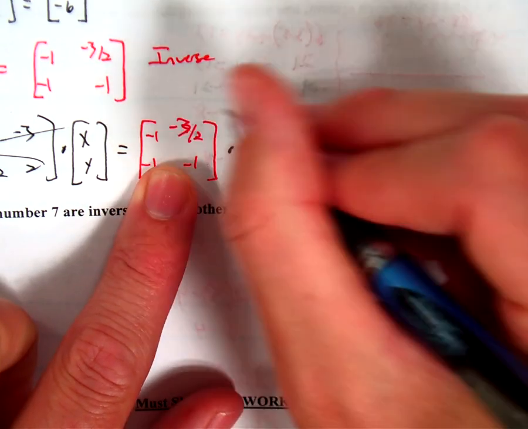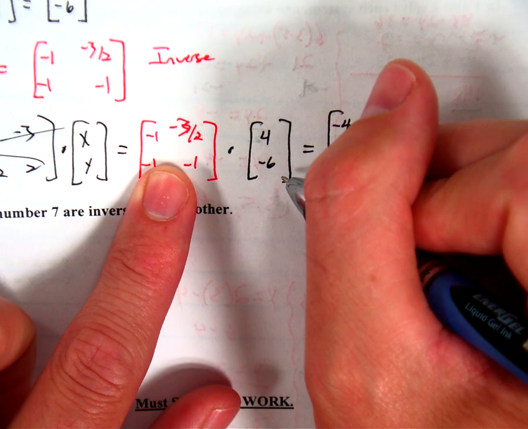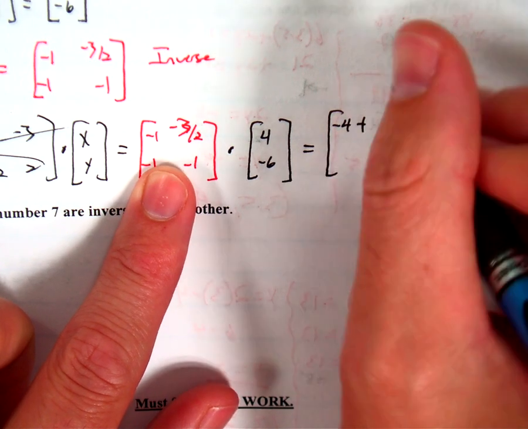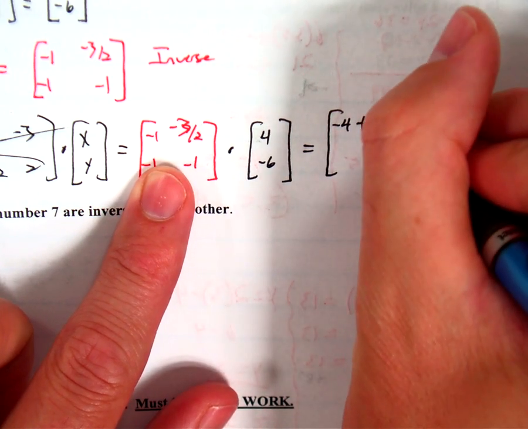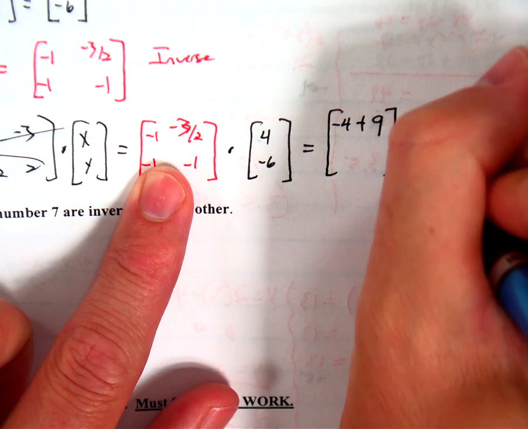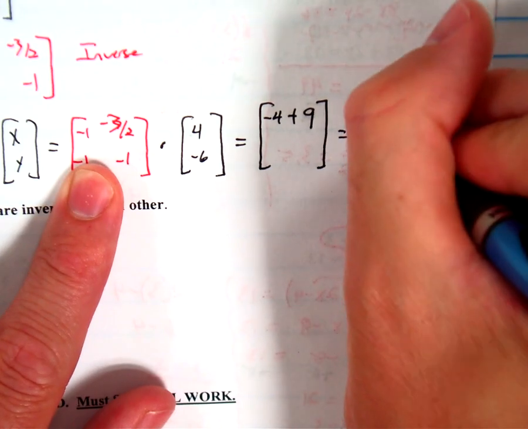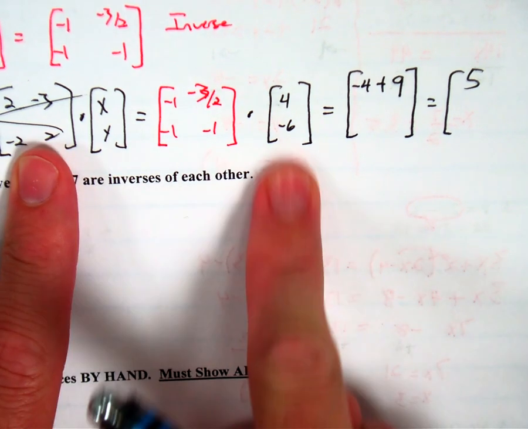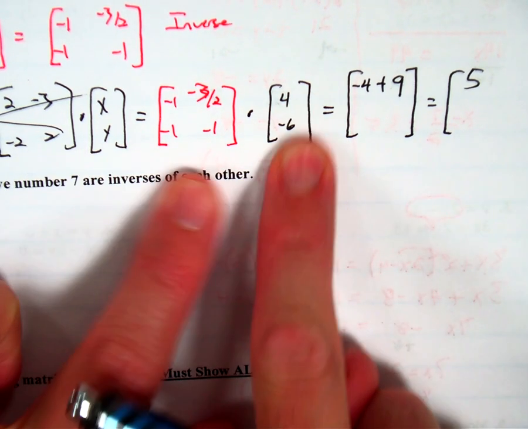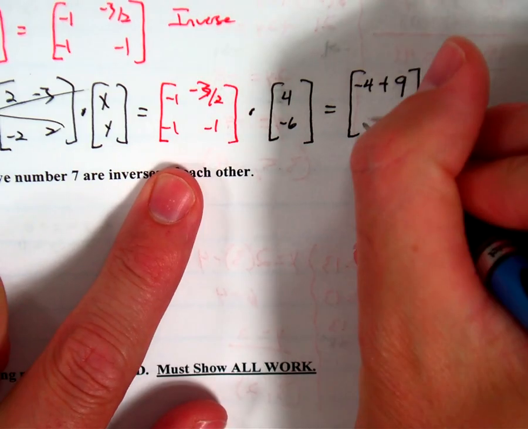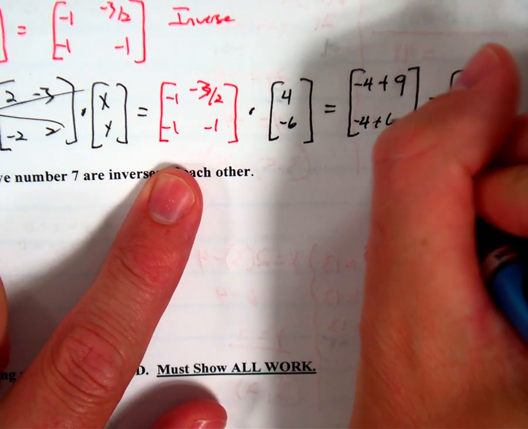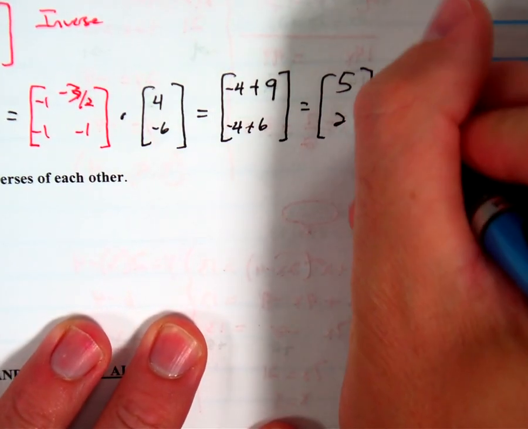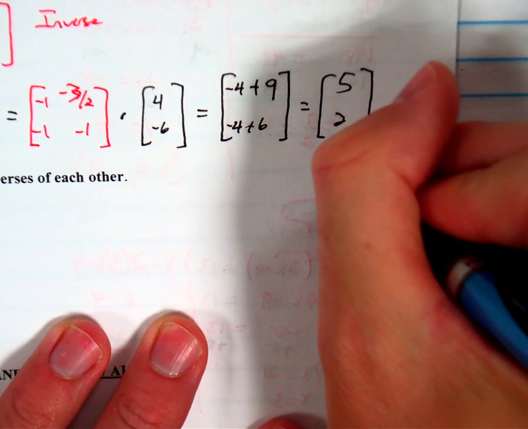And then negative 3 halves times negative 6 is going to be a positive 9. So that should be 5 on the top. And then the bottom row times this column will have negative 4 and a positive 6, for positive 2. Or 5, comma 2.